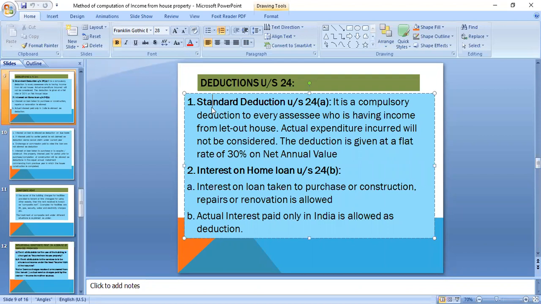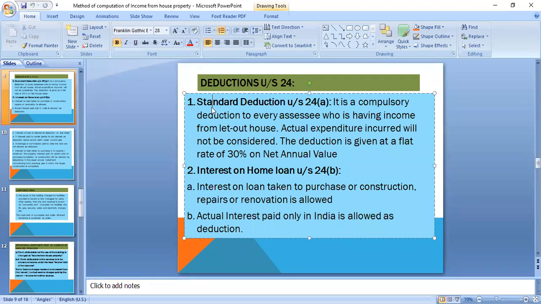Suppose when you let the house, you got 1,20,000, but you incurred various repairs, painting and many other things, for which you spent 2 lakhs. But the government is not going to allow 2 lakhs as your maintenance expenditure. The government is going to give only 30% of your net annual value.